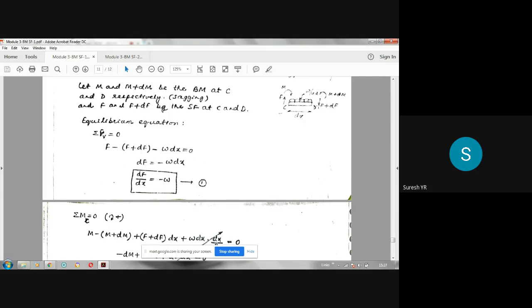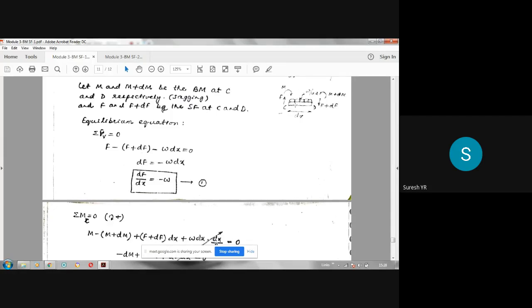Then this F plus dF is acting at a distance dx from the point C. Since you have to take the moment, the force is F plus dF multiplied by the distance dx, and it is giving clockwise moment about C. You can see the arrow. So to move to C, you have to move clockwise. So plus. Therefore it is plus F plus dF into dx, that is clockwise moment.